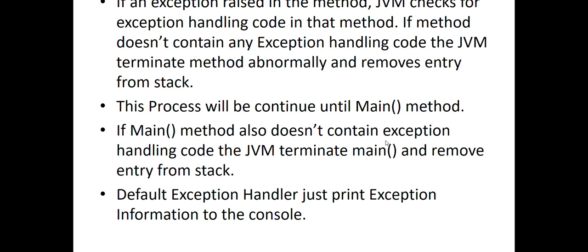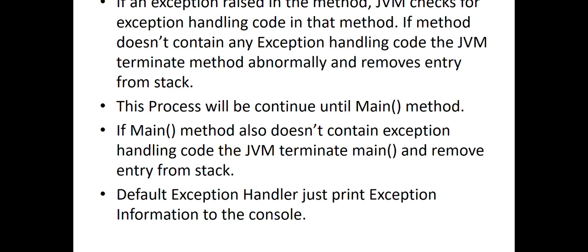And the last concept related to exception handling is the default exception handler. If an exception is raised in a method, the JVM first checks for exception handling code in that method. If the method does not contain any exception handling code, the JVM terminates the method abnormally and removes the entry from the stack. This process will continue until the main method.